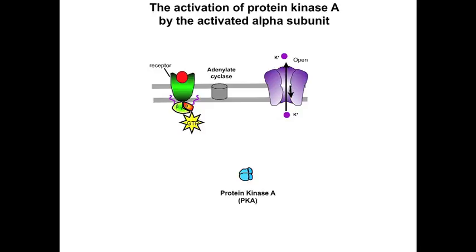The kinase has two components: catalytic subunits, the parts that phosphorylate another protein, and inhibitory subunits. When the inhibitory subunits are bound to the catalytic subunits, the kinase is in an inactive state and cannot phosphorylate a substrate.